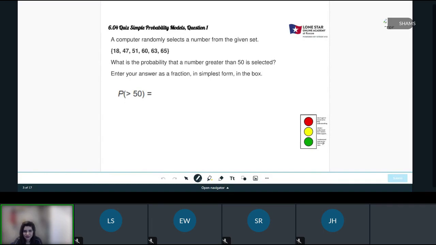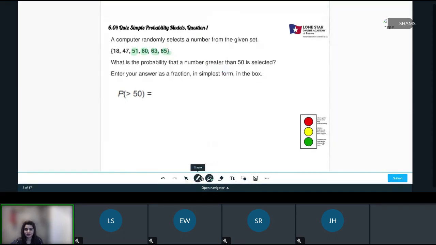What is the probability that a number greater than 50 is selected? Let's mark those. 18 is not greater, 47 not greater, 51 is greater, 60 is greater, 63 and 65.